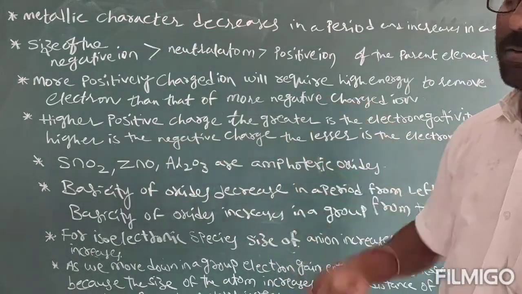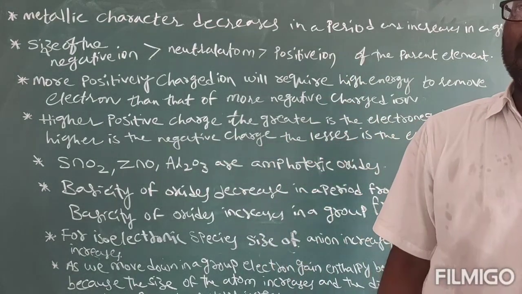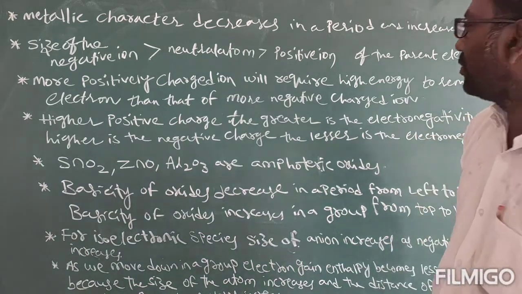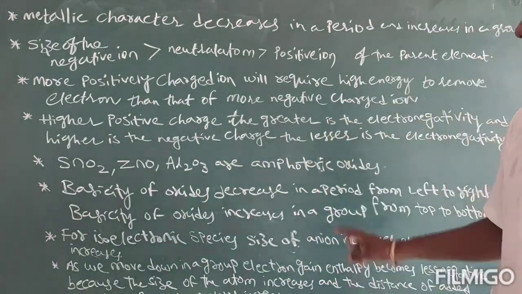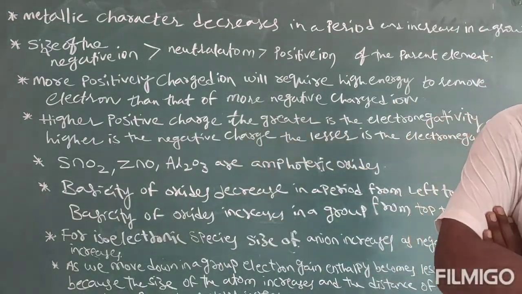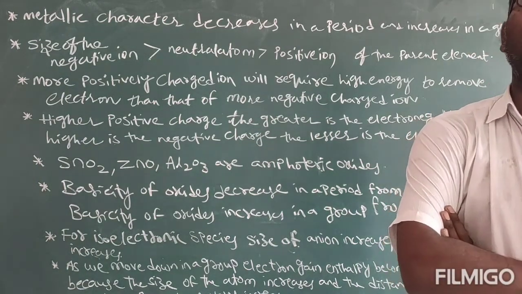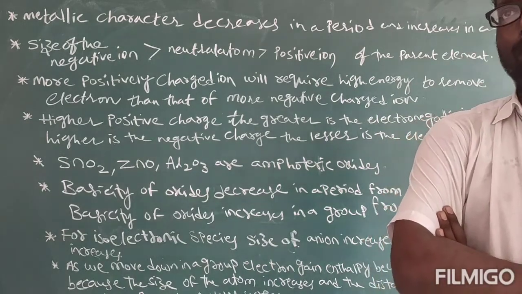And already we have seen, when compared to the parent atom, the size of the cation will be less than that of the neutral atom. And the size of the negative ion, that is the anion, will be greater than the neutral atom.